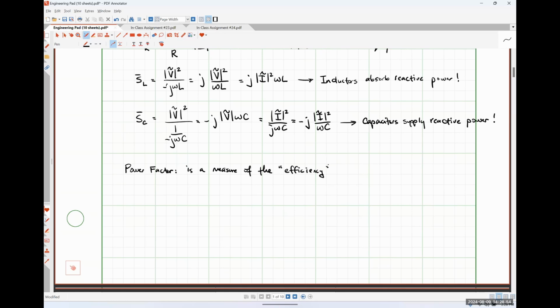This is a different way to think about efficiency effectively, specifically related to a sinusoidally excited system. So power factor is a measure of the efficiency of a sinusoidally excited system.